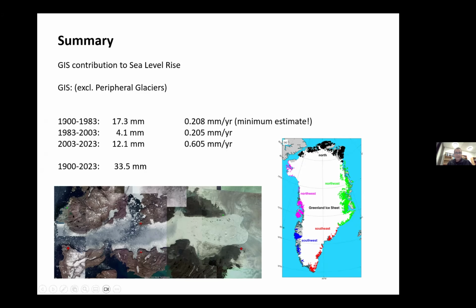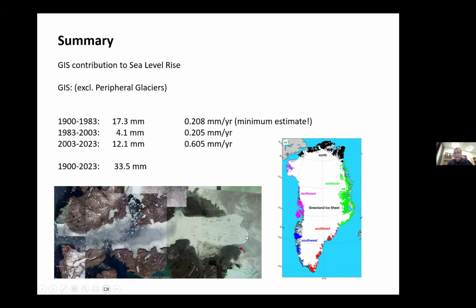Now, the first panel here from 1900 to 1983, I say it's a minimum estimate. It's because in the paper published by Christian, we did not include all the ice loss that took place between the front position from 1850 to 2003.